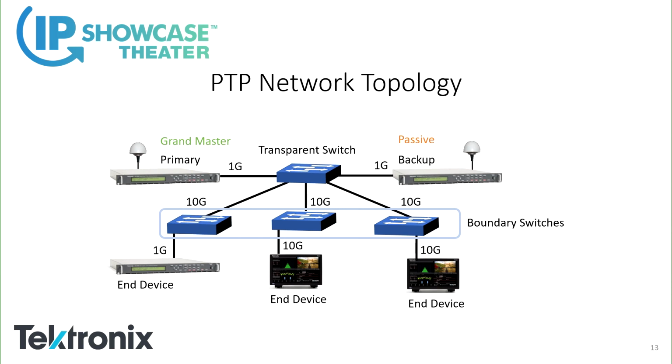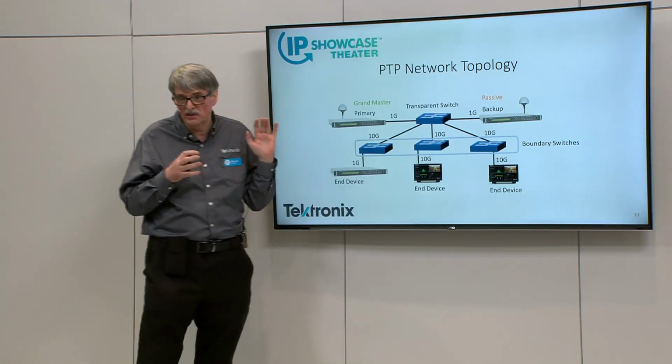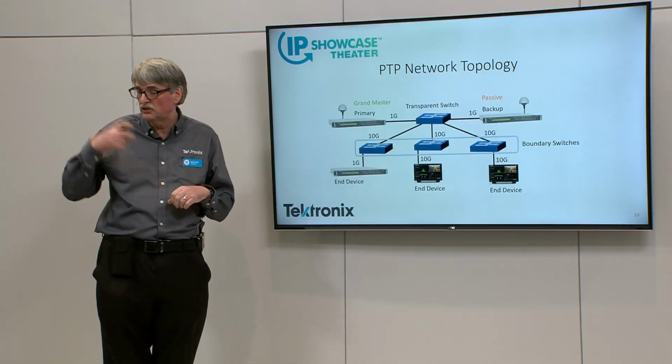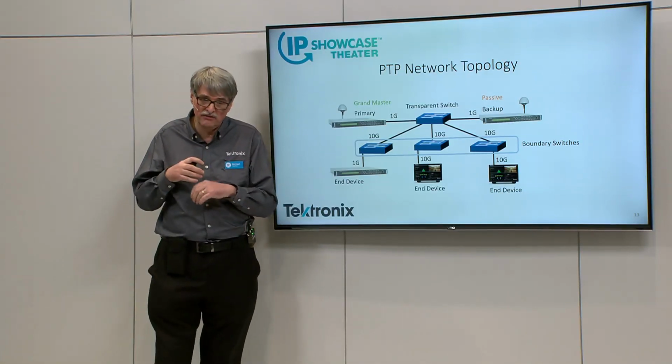A transparent switch. If you configure a device to be a transparent switch, what it will do is calculate how long it takes for the PTP message to come into the switch, and how long it takes to get that message out of the port. So it will calculate a value for the time it takes to process that message from the incoming port to the outgoing port. And it will then add a correction factor.